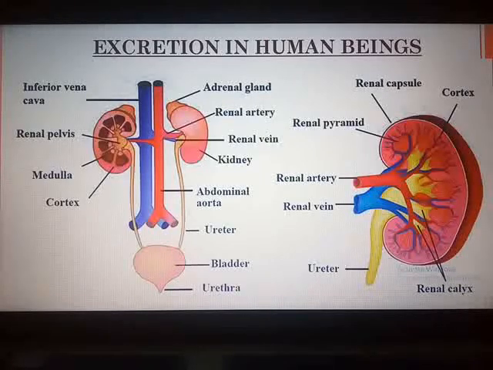If the kidneys fail to function due to infection, decreased blood supply, or any type of injury or accident, then how the harmful wastes are thrown out of the body, what procedure is carried out, we are going to study in our next session. That process is known as dialysis.